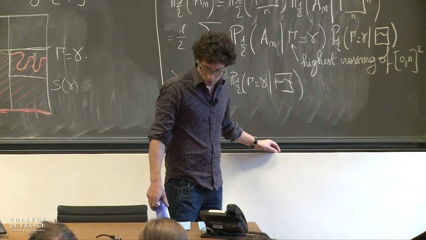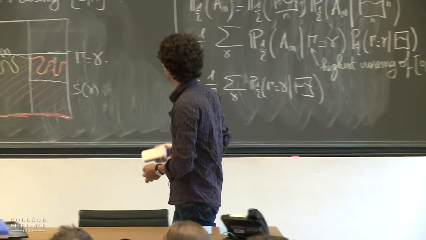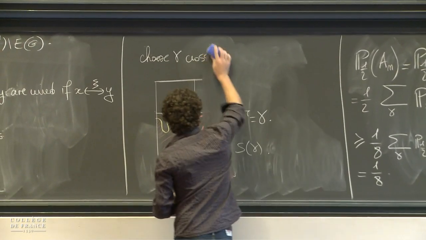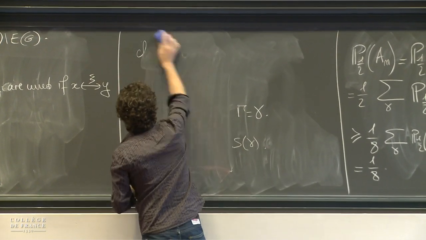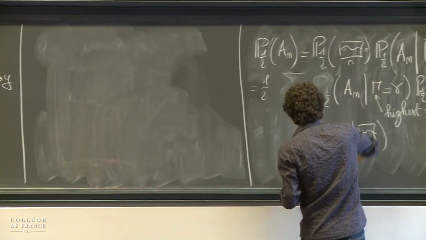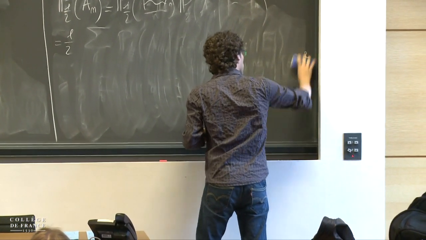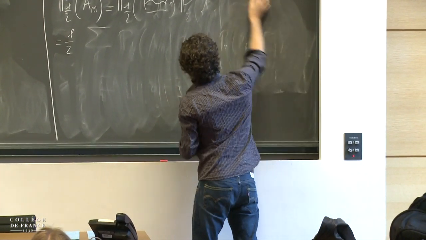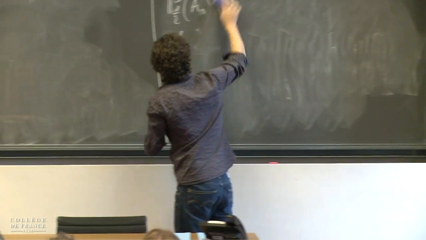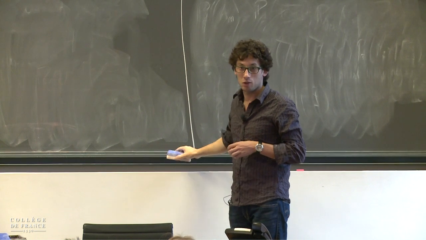OK. Now, what is the connection with the Potts model? Because that's what we are here for. So this is a coupling which is sometimes called the Edwards-Sokal coupling for a very mysterious reason, because basically, it actually appears directly in the Fortuin-Kasteleyn original paper.